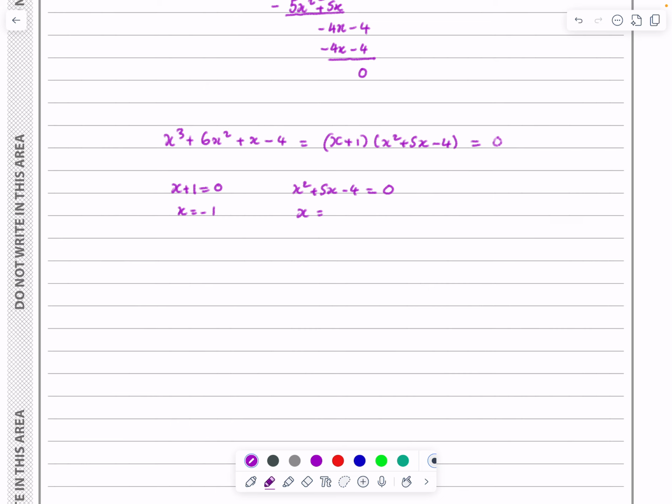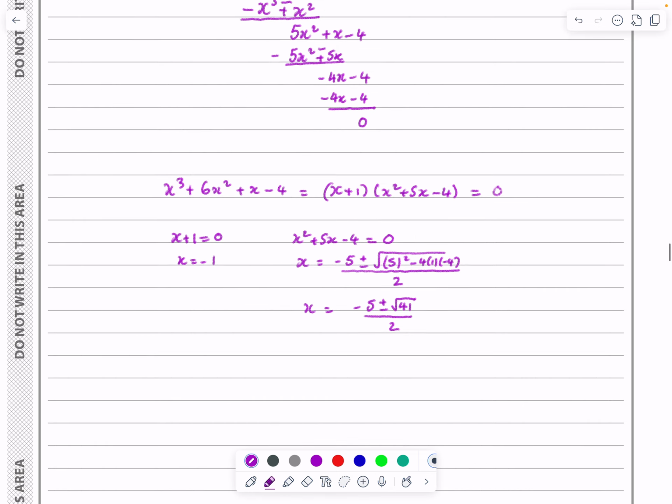You know the formula, so that's going to be minus 5 plus or minus the square root of 5 squared minus 4 times a times c, which is 4 times 1 times minus 4, all over 2. Well, I'll leave you to work it all out. It works out to be minus 5 plus or minus root 41 over 2.